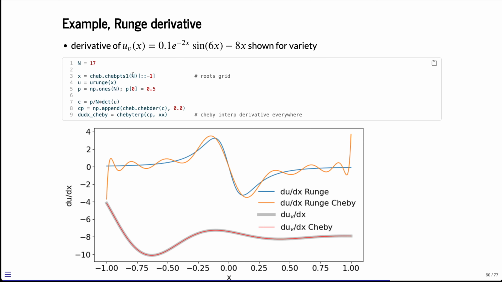So we could have done this on the extrema grid by just changing this to 2, cheb points 2, and then when we do the discrete cosine transform, we'd need to go type equals 1. Then once we have C, the Chebyshev derivative is the same as it is here, and also this Chebyshev only operates on the coefficients, so it's the same as it is here.